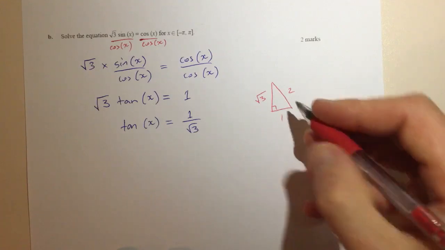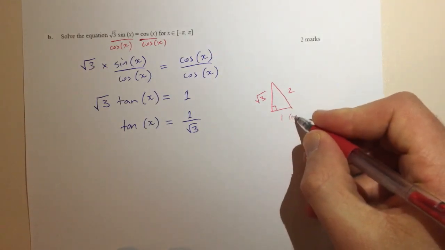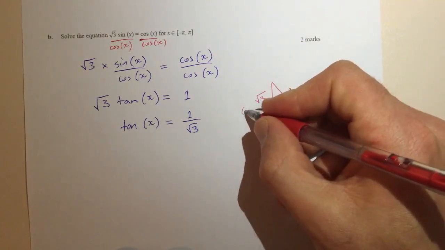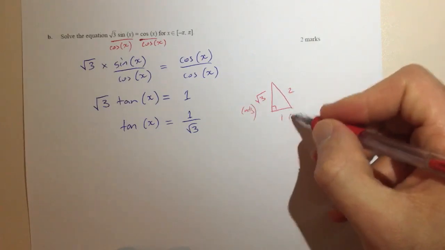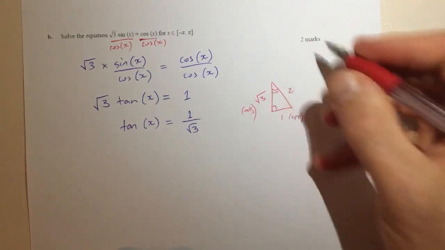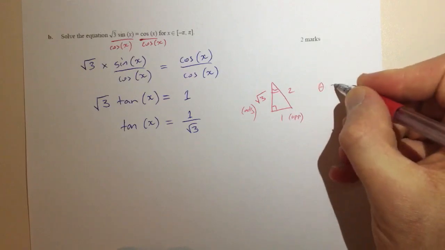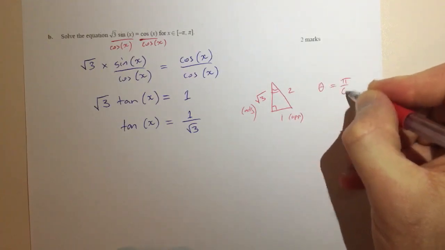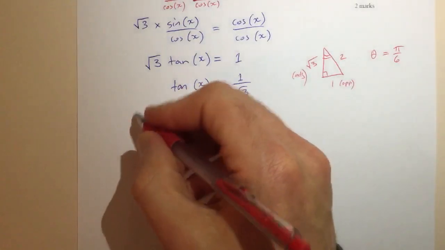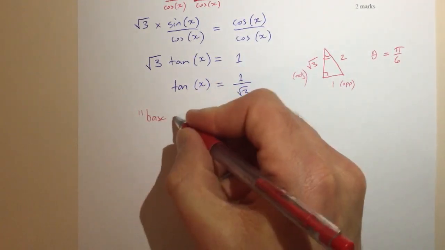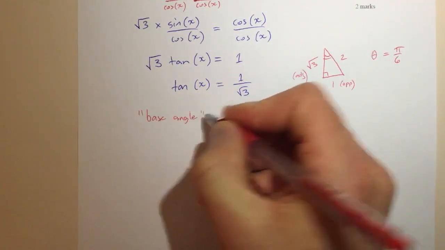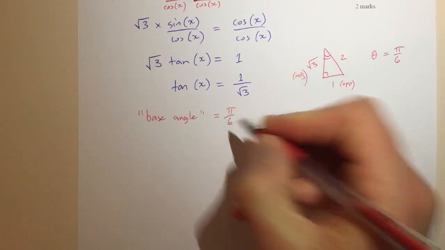So the opposite side needs to be 1. Adjacent needs to be root 3. So if 1 is the opposite, this is my angle here, and that angle is pi on 6. And so the base angle equals pi on 6.